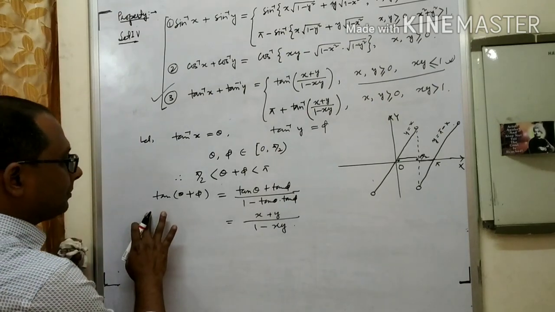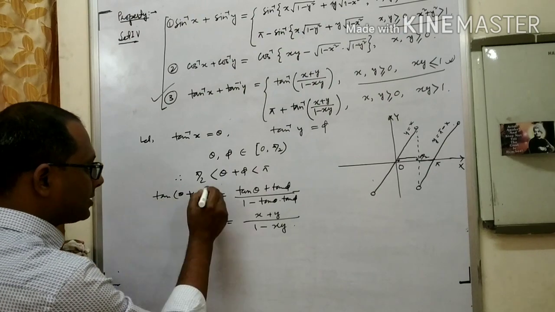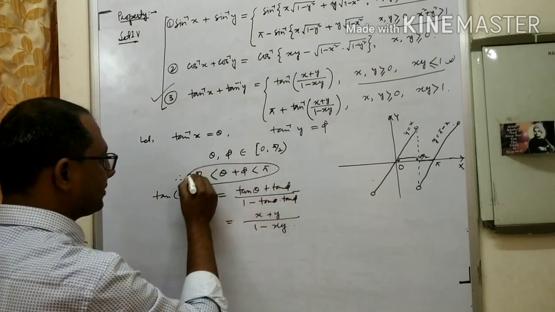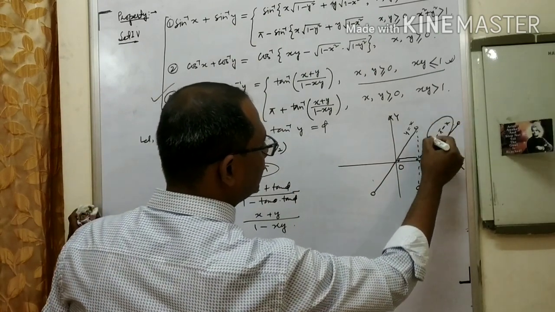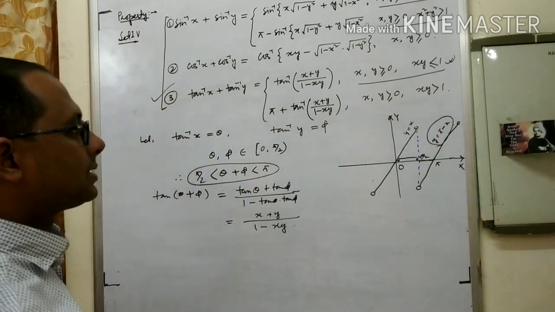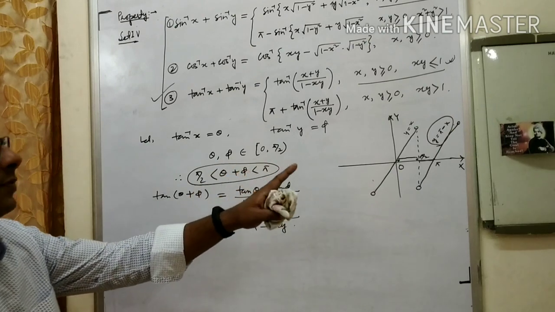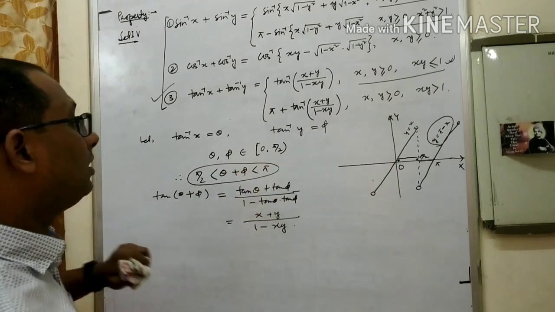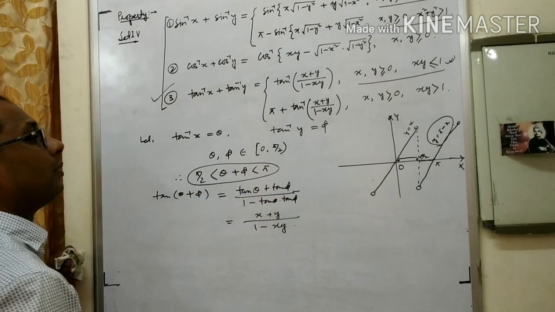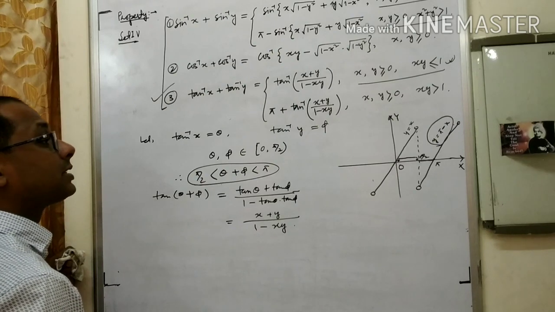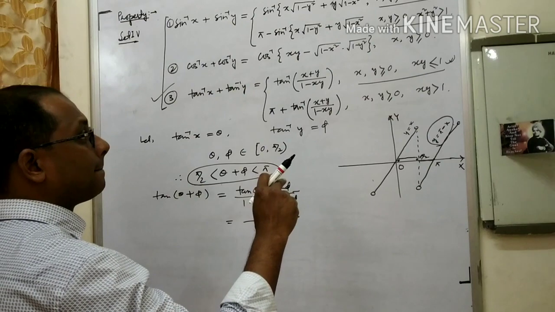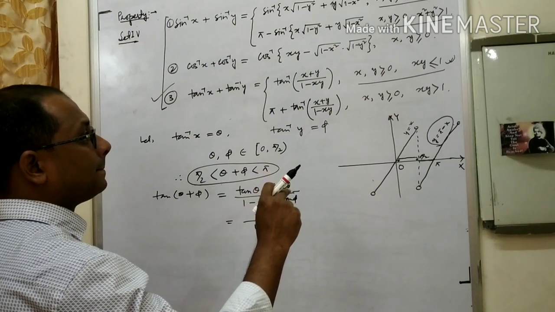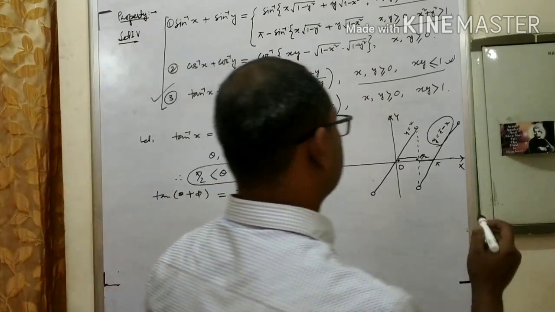So the moment I take tan inverse, as it is not lying in the principal value range, that value will give me y equal to pi minus x. So ultimately the value of x we are going to get as y plus x, y minus x only.